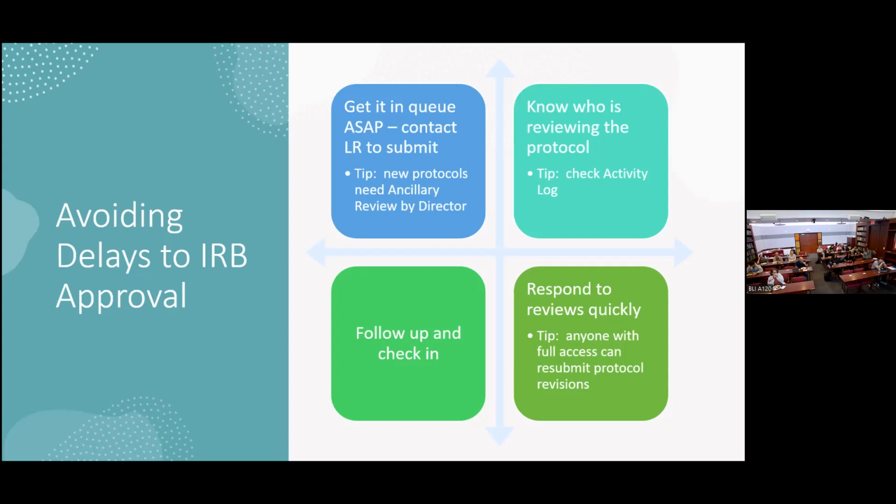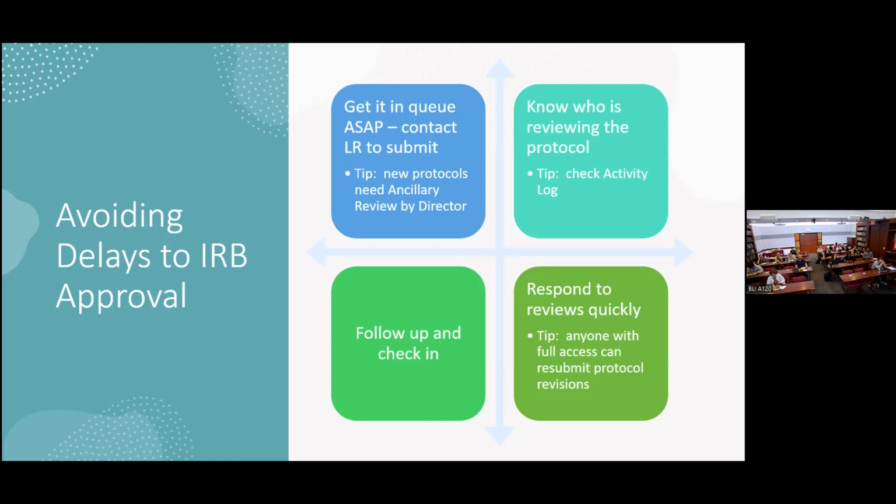Know who is actually reviewing the protocol. So if you've seen the IRB protocol, and I'll show it a little bit later, there is a tab on the top that says activity log, and it logs everything that happens in that protocol. So if you scroll down, it shows you not only what you did, but who did it.